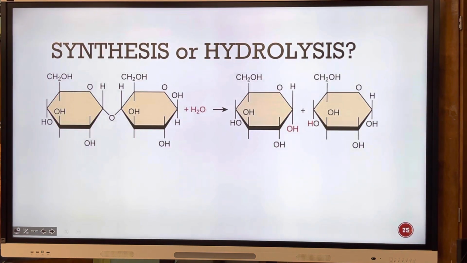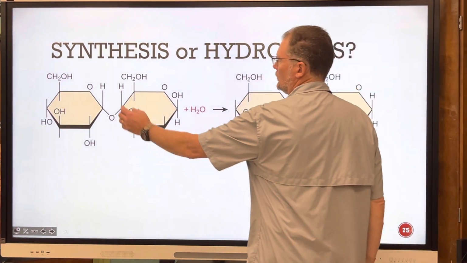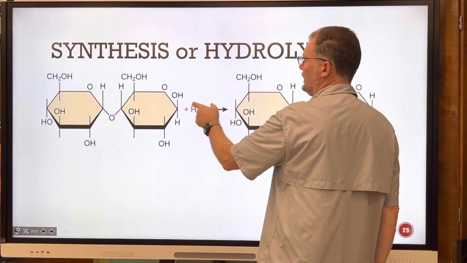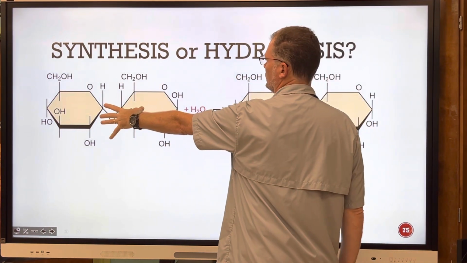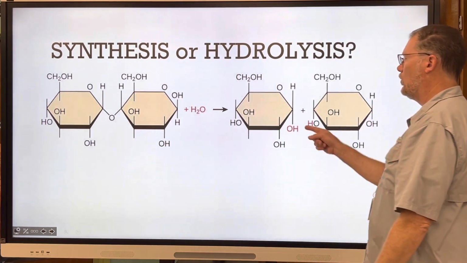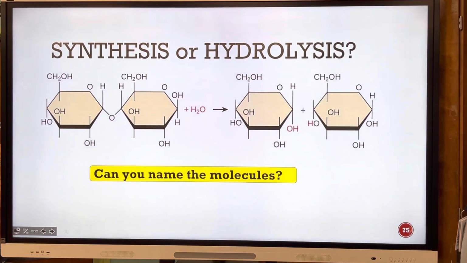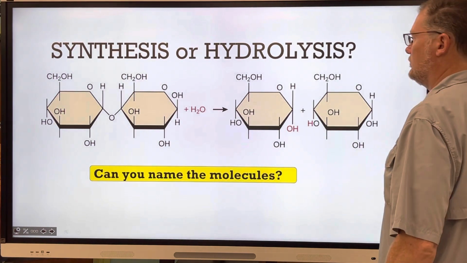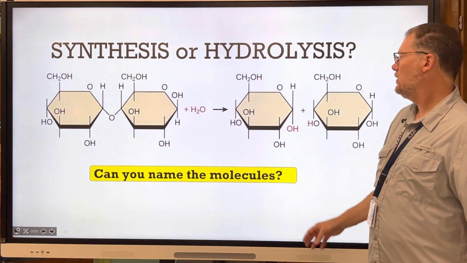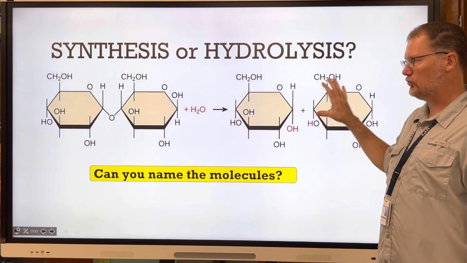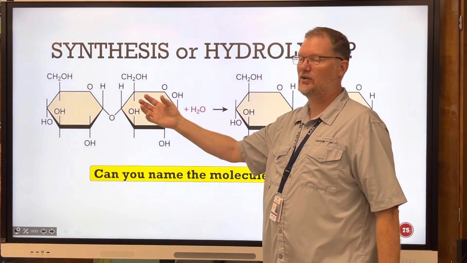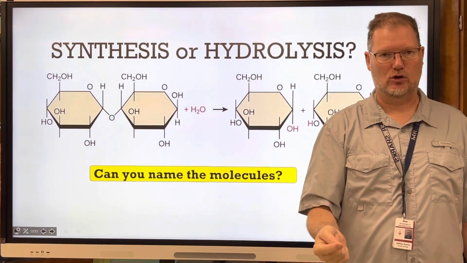Is it synthesis or hydrolysis? Need water to digest, and the water becomes part of the products. This is digestion, so this is hydrolysis. Can you name the molecules? I kind of gave them away before, but each one of these is a glucose, and 2 glucoses together is a double sugar, maltose.